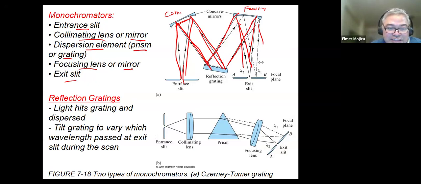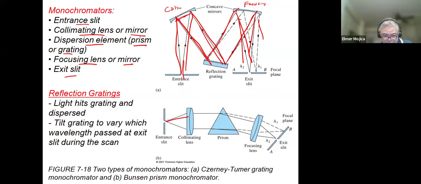So what happens in this Bunsen prism? Here, you have a prism that is made up of a transparent material. When the white light enters the prism, it gets dispersed into its components. So this white light passes through here, again collimated light.